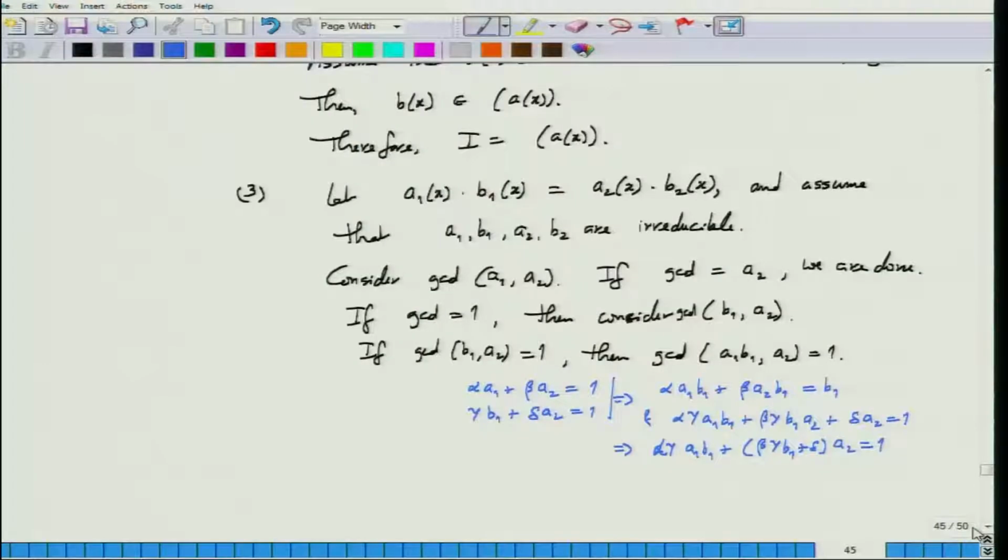And that's not possible, because clearly A2 divides A1, B1 by the assumption.